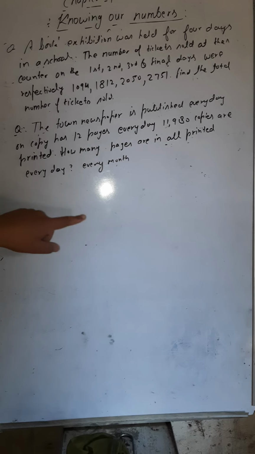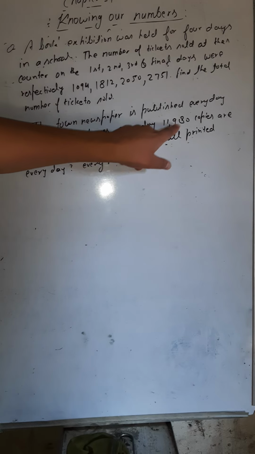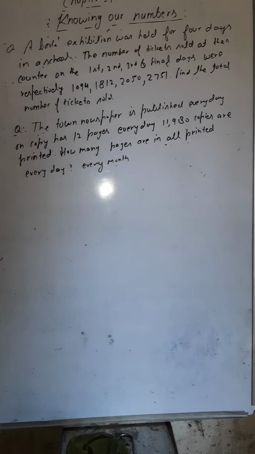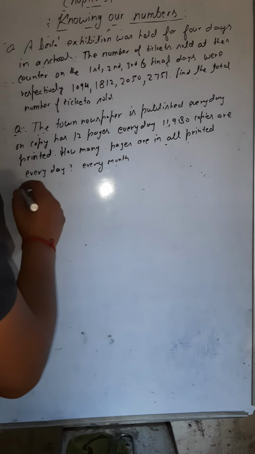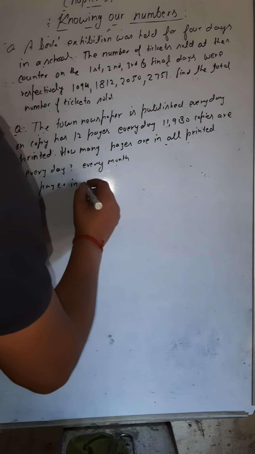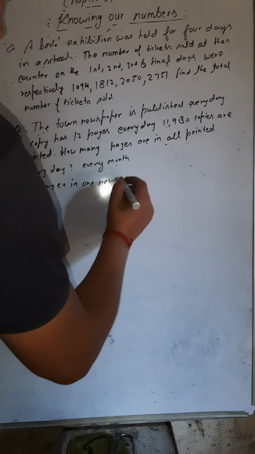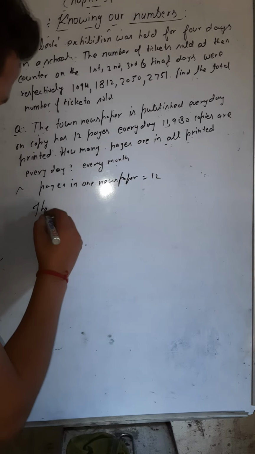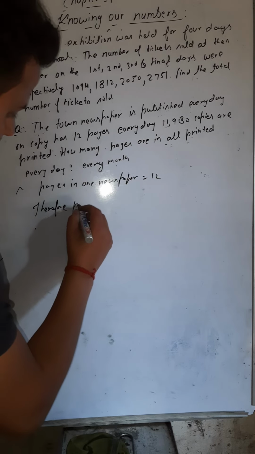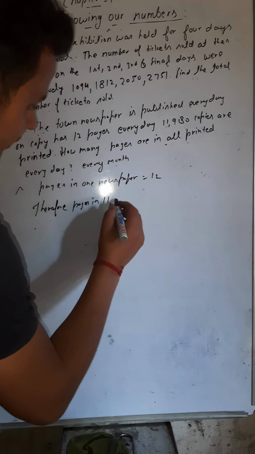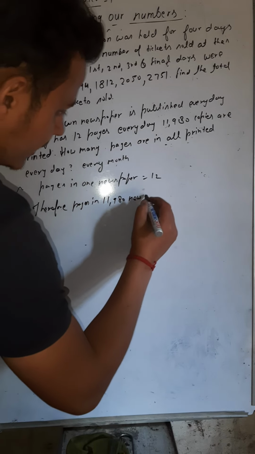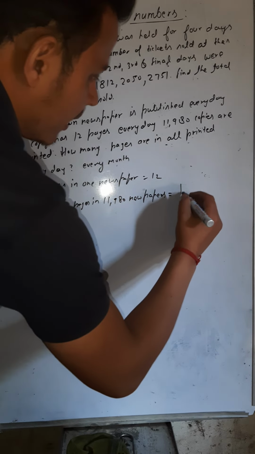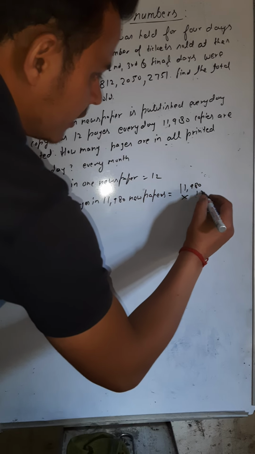Therefore pages in 11,980 newspapers is equal to this, and this you will multiply: 11,980 multiplied by 12.